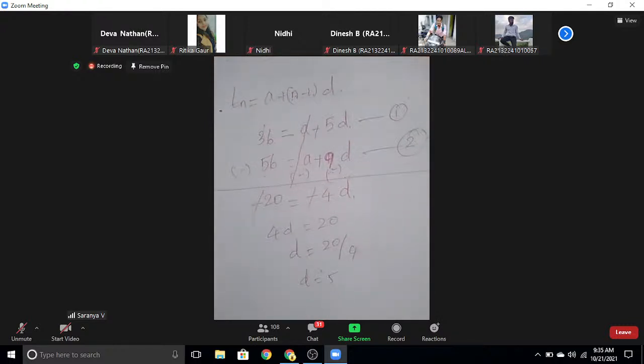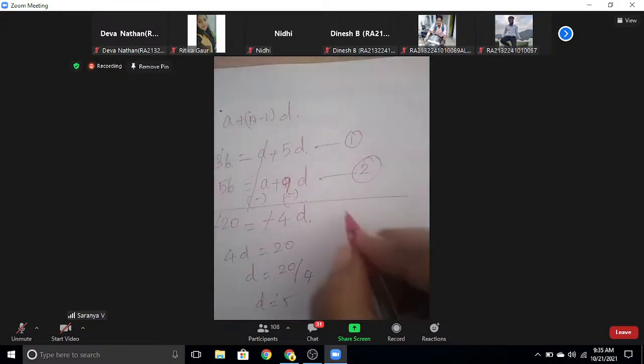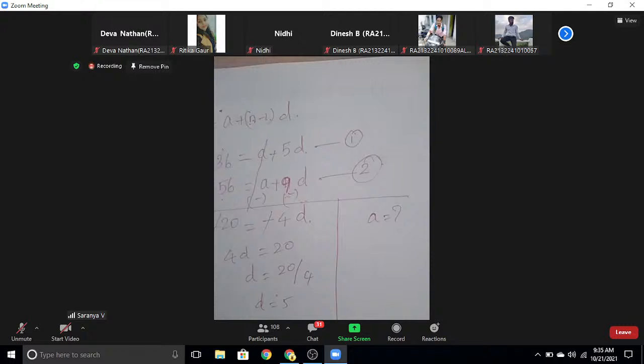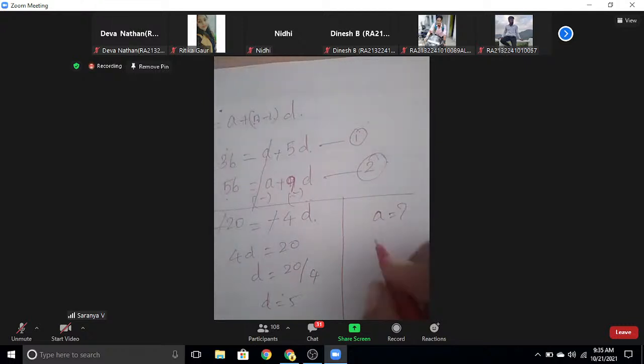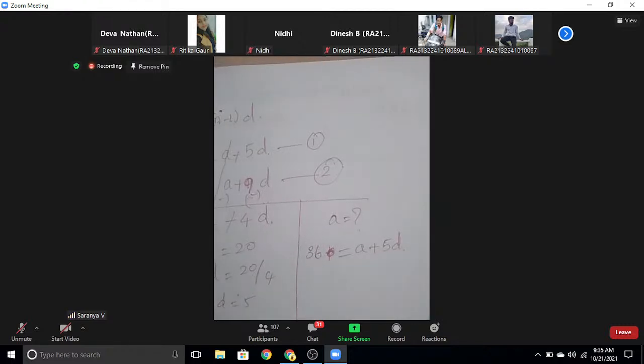Now find the first term. How can we find the first term? First term means you need to find a. That is the first term. Right? So already we have an equation, let me take the first equation: 36 is equal to a plus 5d. So we know this d already, that is 5.